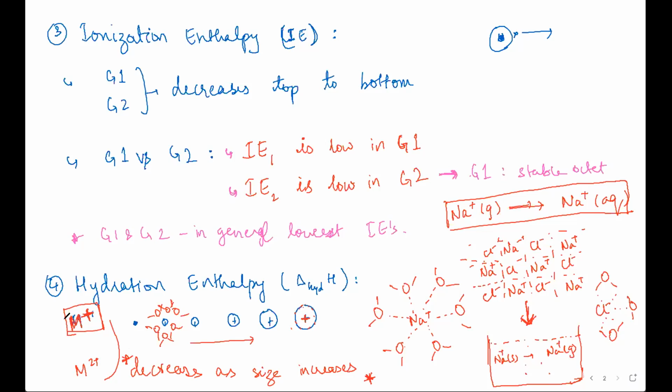So this is based on the size. We checked individually for group 1 and individually for group 2. Now, if you compare group 1 and group 2, which one do you think would be more hydrated? Group 2. Because, I don't know, sorry. What is the difference between group 1 and group 2?